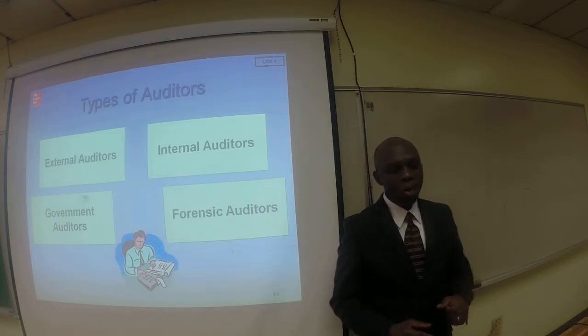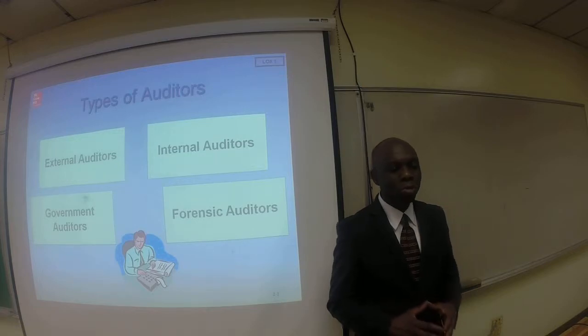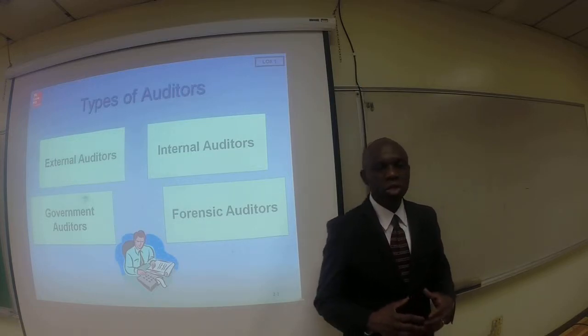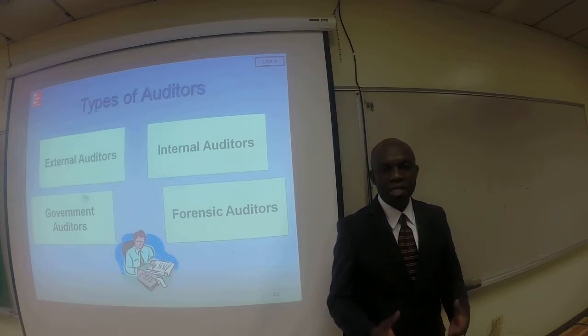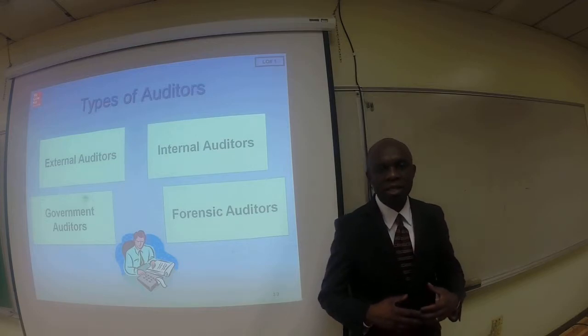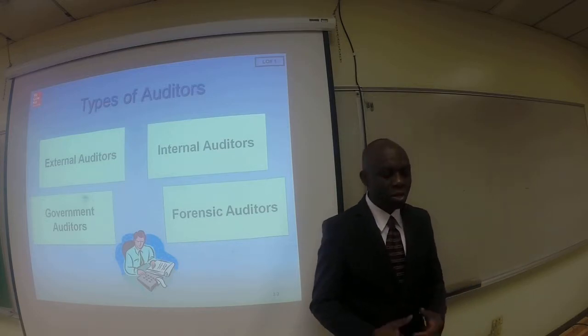Number 1, we have the external auditors. These are the certified public accountants. For you to be a certified public accountant, you need to pass a very rigorous or tough examination that is administered by the American Institute of Certified Public Accountants.